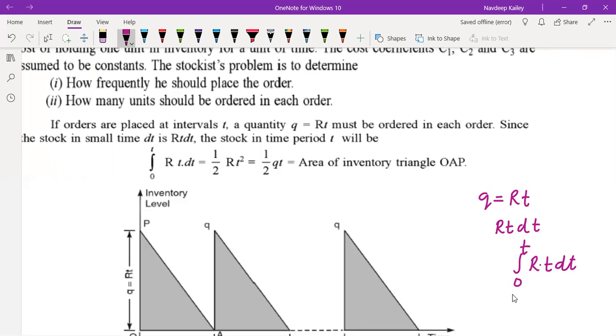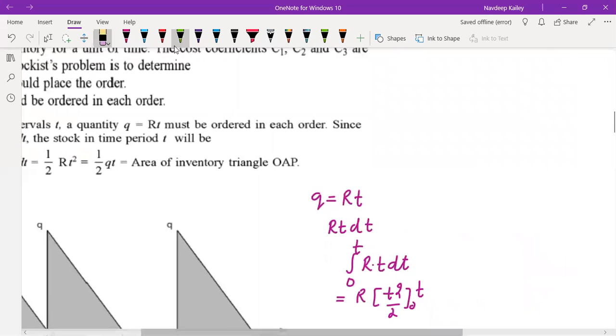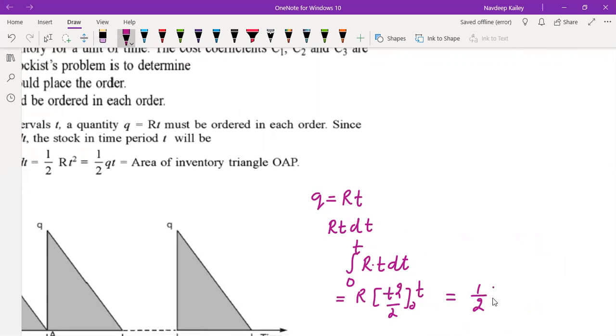Now R is constant, therefore we take it outside the integral. This becomes t square by 2 from 0 to T, which after calculation we will get half R T square.